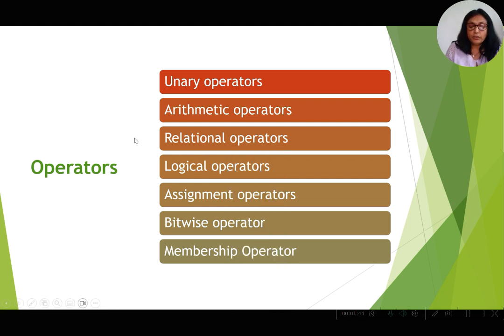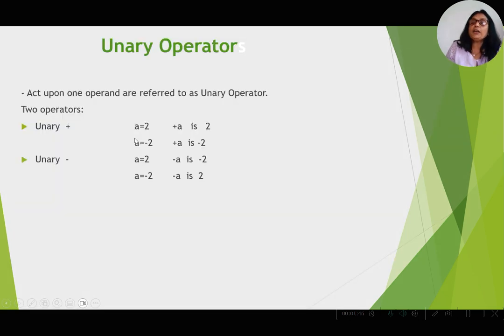Okay. So next one is our unary operators. A unary operator, as I told you, acts upon only one operand. It is of two types: one is plus and the other is minus. Unary plus, unary minus. Okay, so a equal to 2. Here a is the operand.